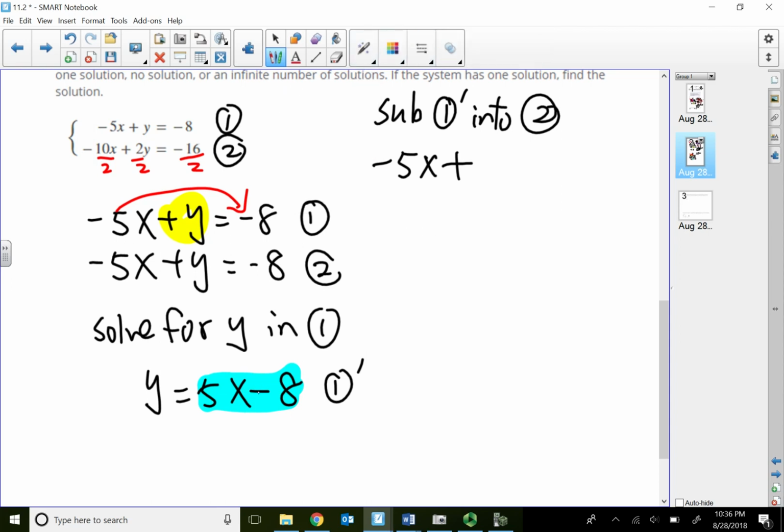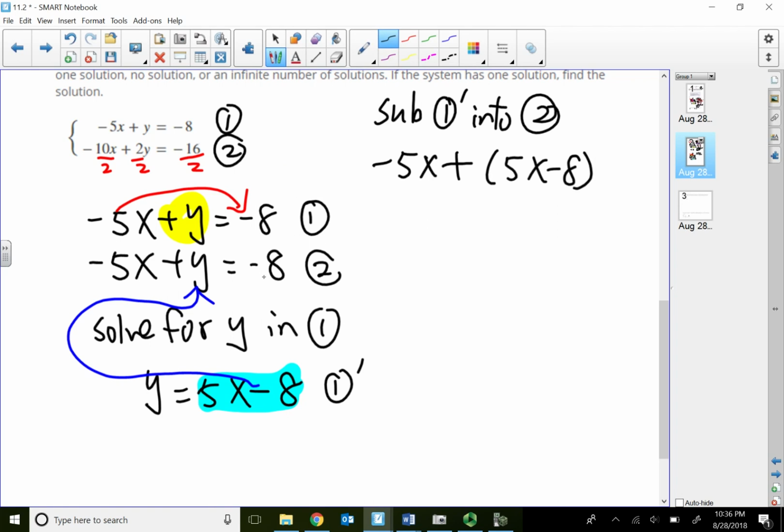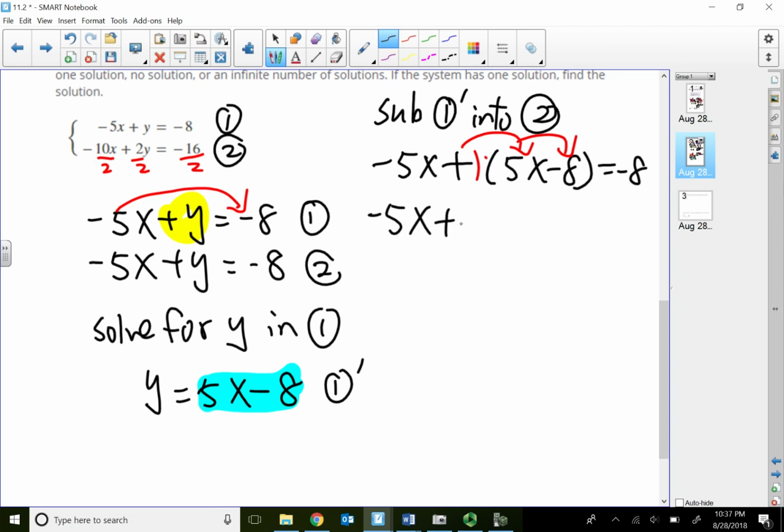So I'm basically substituting them for that position in the equation. So that will be plus parenthesis 5x minus 8 equal to negative 8. The plus sign here means I'm using a positive 1 distribution. So that will be negative 5x plus 5x minus 8 equal to negative 8.